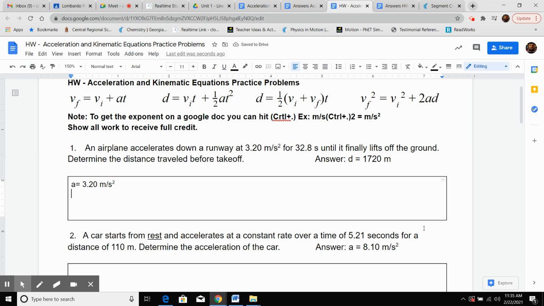What else am I given? I am given t. Time here is equal to 32.8 seconds. What else? Am I given anything else?